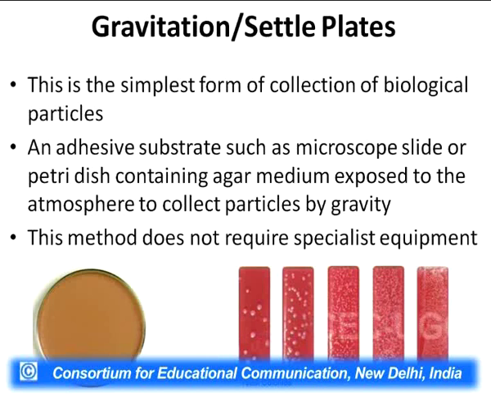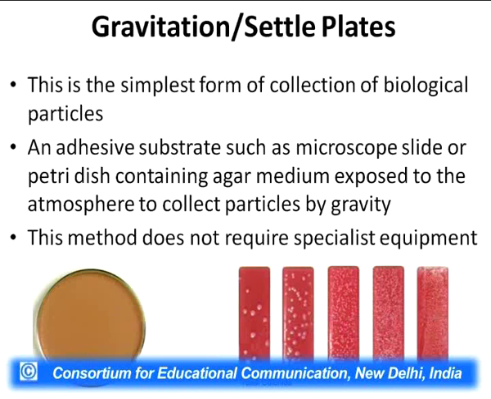So, what is done in this technique? A petri plate containing agar media is exposed to the atmosphere, or kept somewhere for some time. The particles in the air fall upon it with the help of gravity and are deposited on that surface, and later on that surface is utilized for investigation or for further growth.